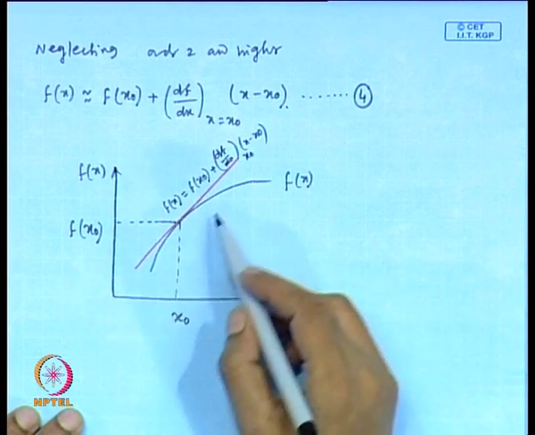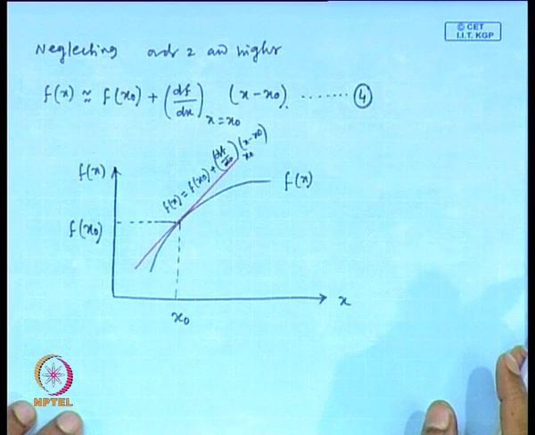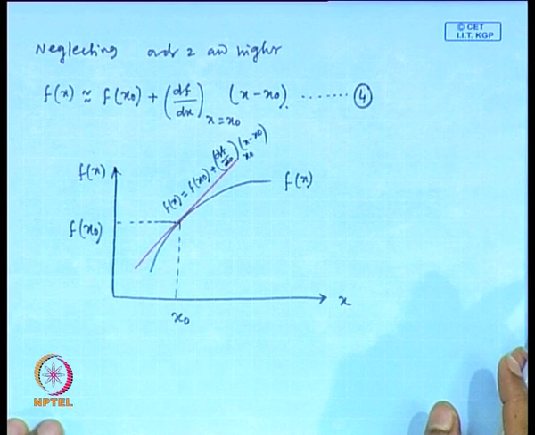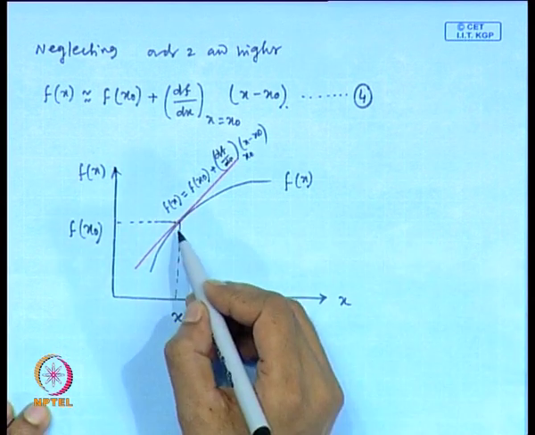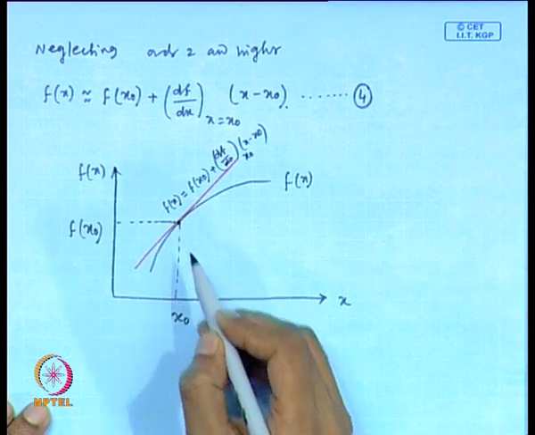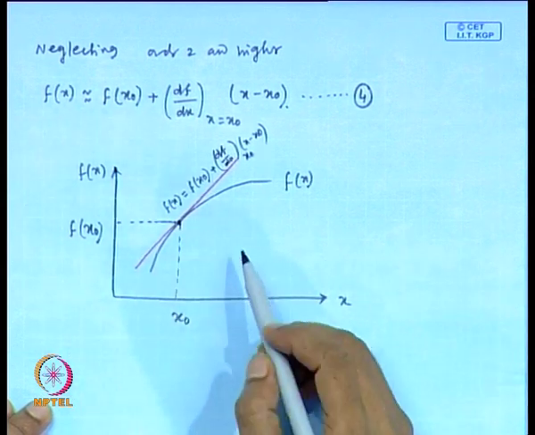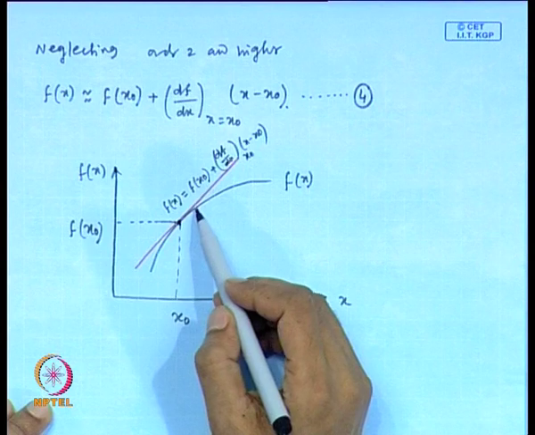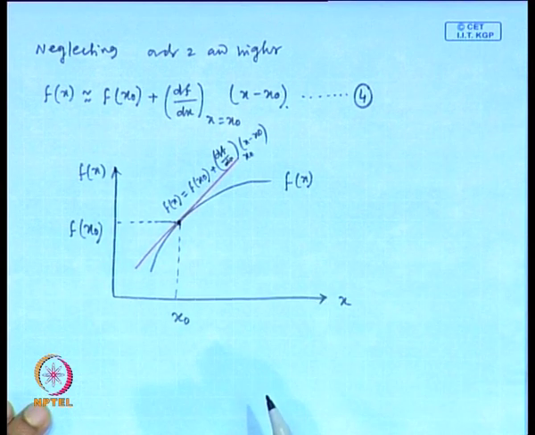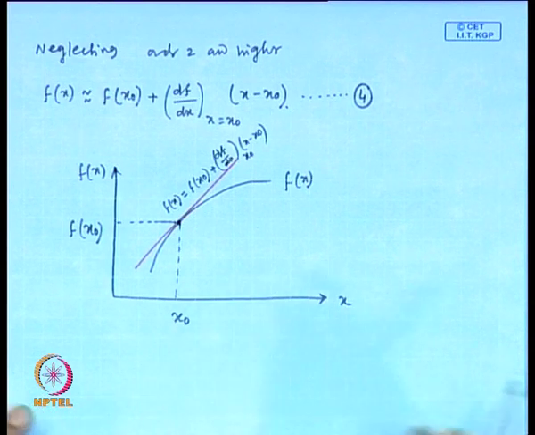From this graphical representation, it is very clear that the linear approximation is satisfactory when x is very close to x naught. If we move away from x naught, this part is not linear at all. So, the deviation increases as we move far from x equals x naught.